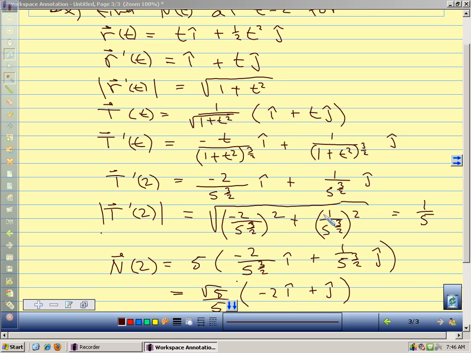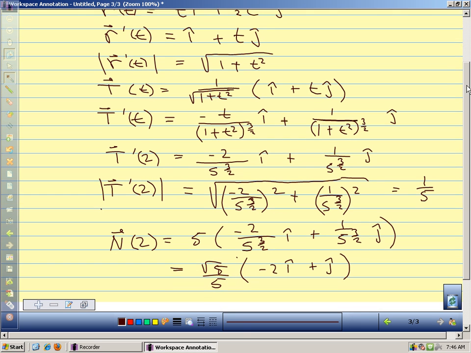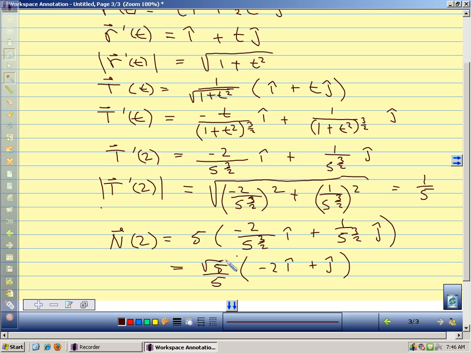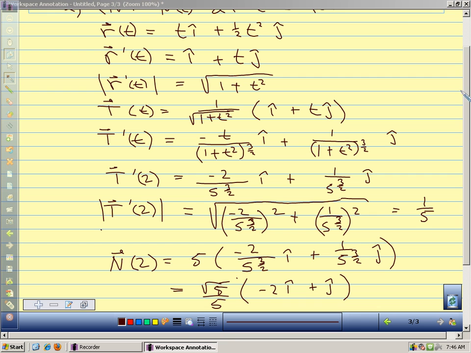Before I move on, is everybody good with what we did here? We just calculated T prime and normalized our vectors. All right, so in the plane we have a shortcut.